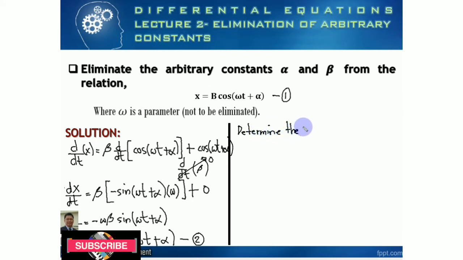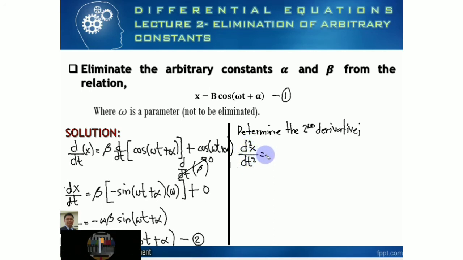Since our arbitrary constants are alpha and beta, we have to take the first and second derivative. So we have the second derivative with respect to time, which is our x double prime.